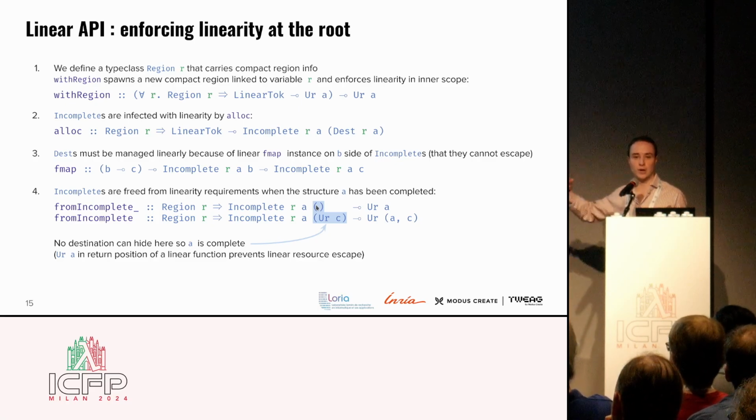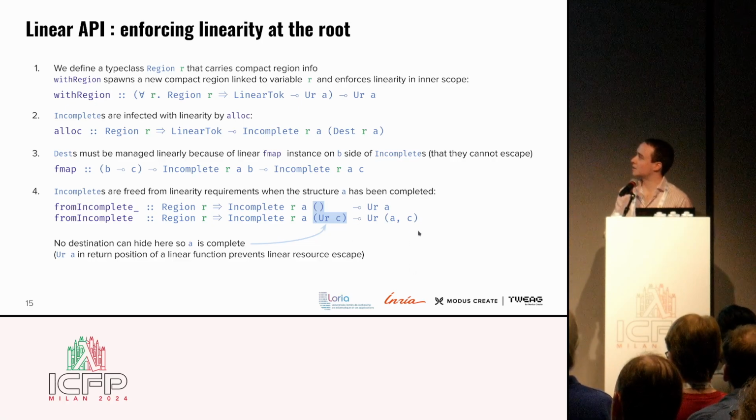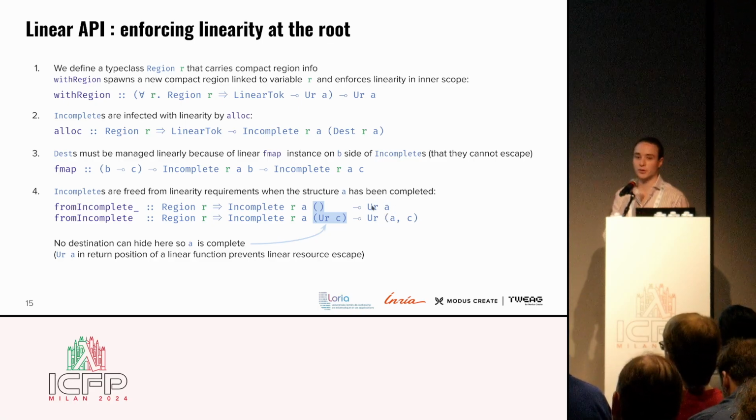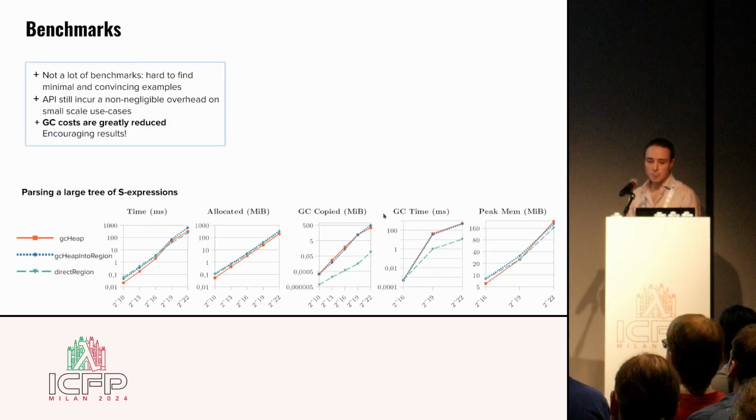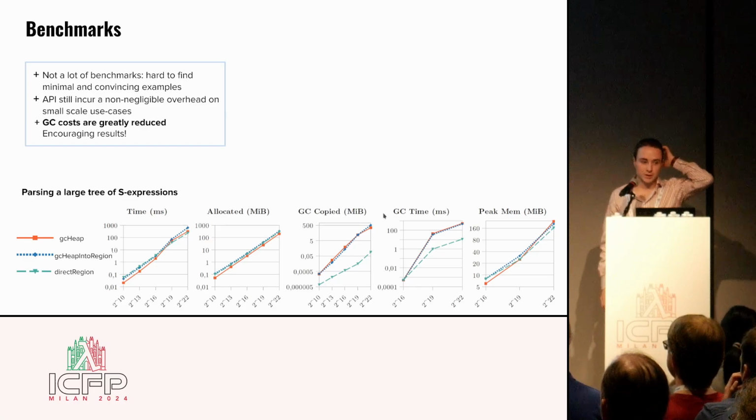So this is the way we infect slowly every object of the linear API. And only at the end, we can actually escape the linear scope when there is no linear resource remaining in it.